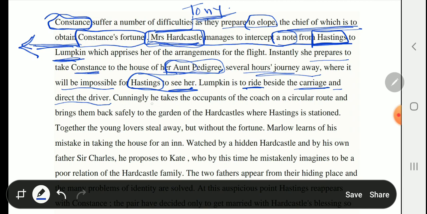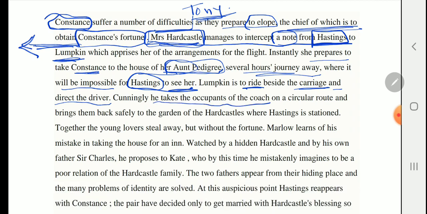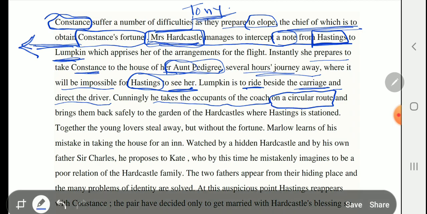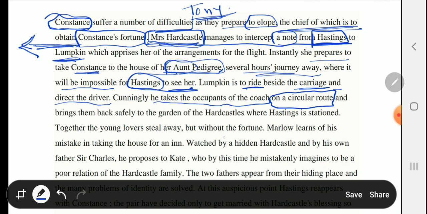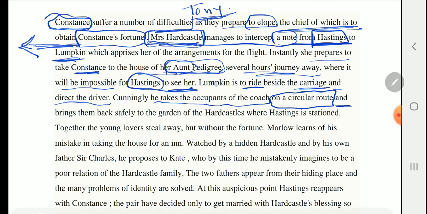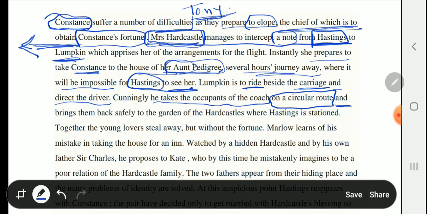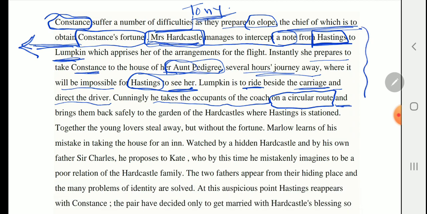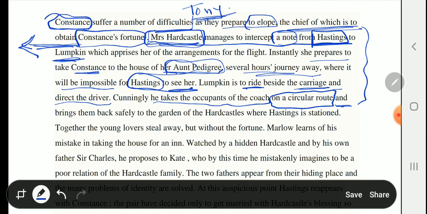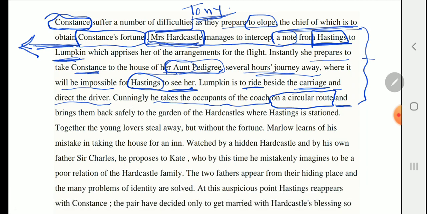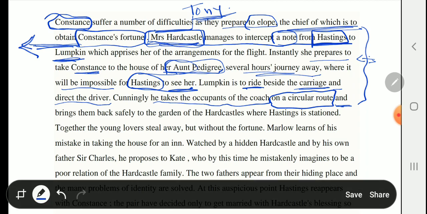What he did is he takes the occupants of the coach on a circular route, which means he started to move in a circular way, so that they will come back to the same place they moved from. Okay, so do you see the mistakes, the things that are happening here, students? There are so many details in here that I cannot mention all of them. This is a summary, and I will go through the details when I explain act by act.